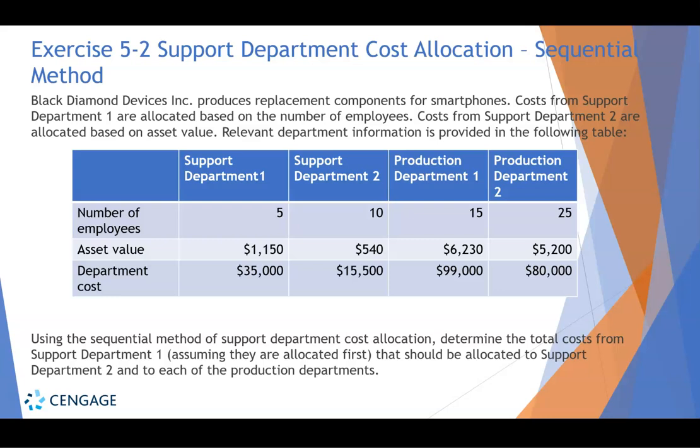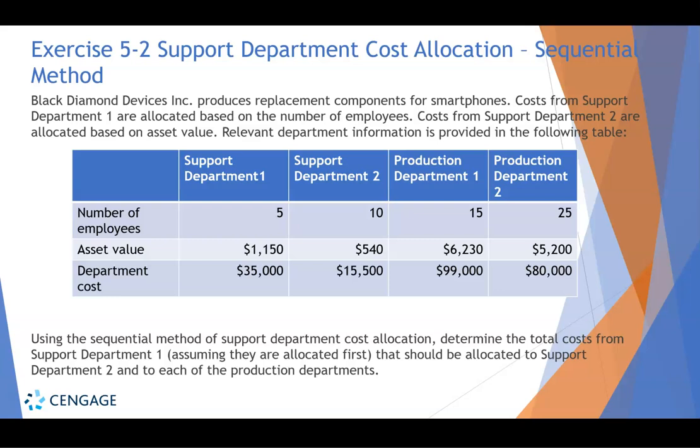Here we're looking at the sequential method. Black Diamond Devices produces replacement components for smartphones. Costs from support department 1 are allocated based on the number of employees. Costs from Support Department 2 are allocated based on asset value. Relevant department information is shown here.